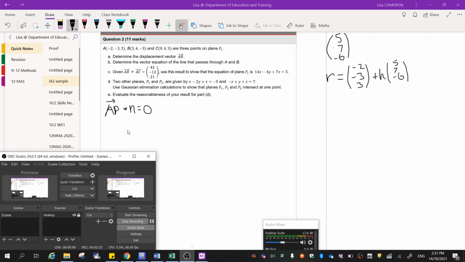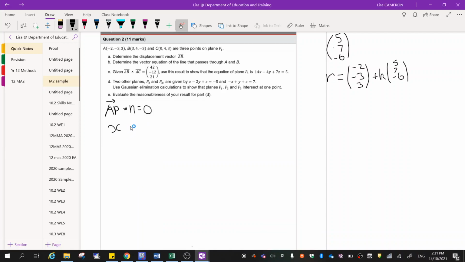So for this one, we're going to use this equation just here, vector AP dot n equals 0. So when we do the math, it's going to be (x + 2, y + 3, z - 3) times n, which is our new set of numbers that we were given for the vectors AB times AC.